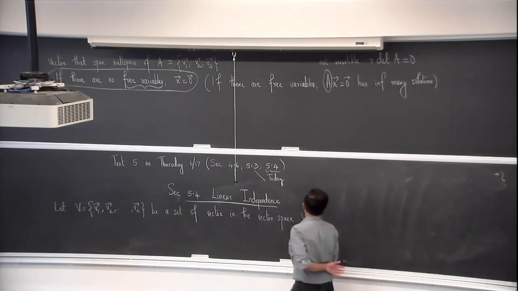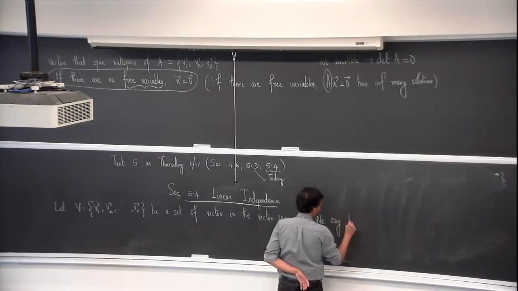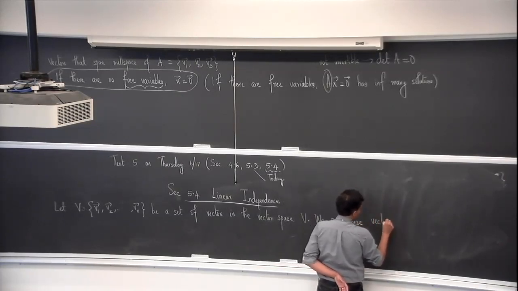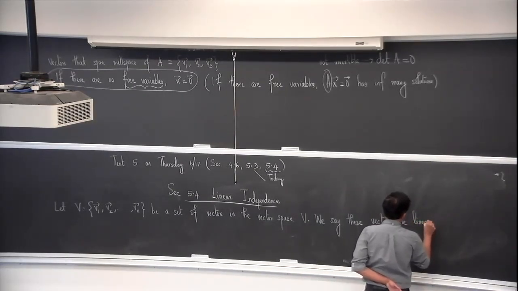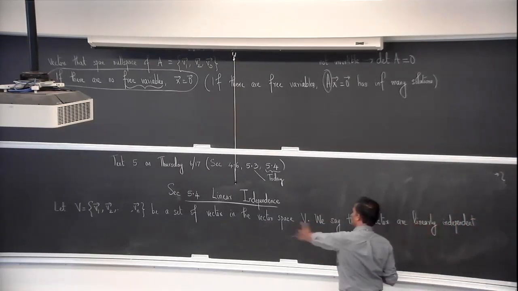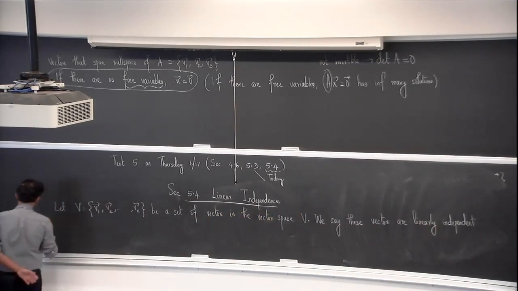So we say that these vectors are linearly independent.